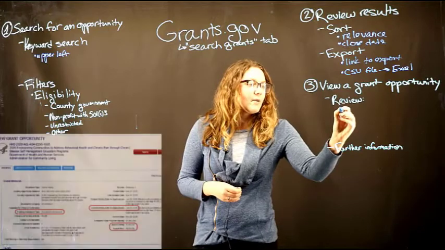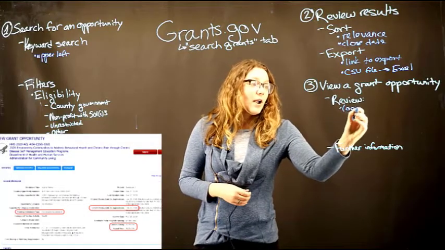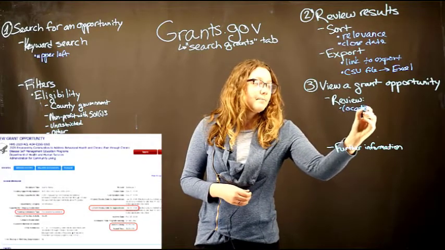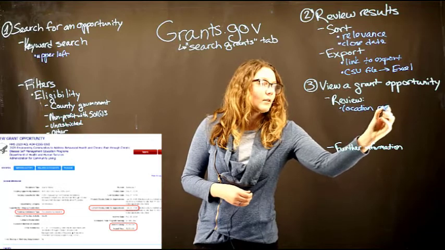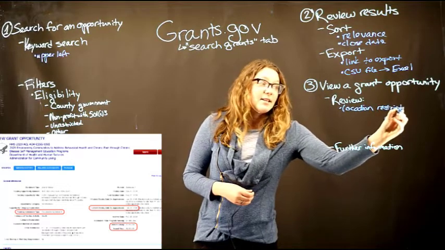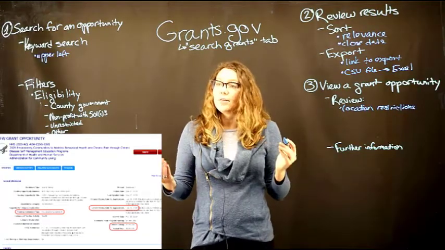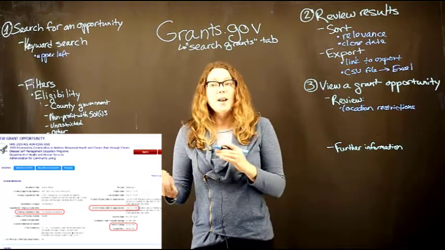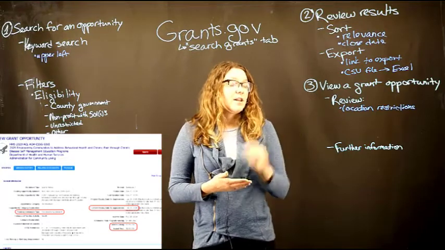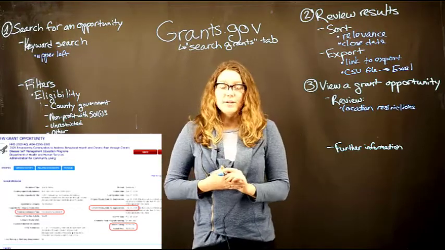First of all, I would recommend seeing if there are any location restrictions that you didn't see already in the title. You can also look for other eligibility restrictions that may not have been mentioned in the funding title or in the filters that you already set.